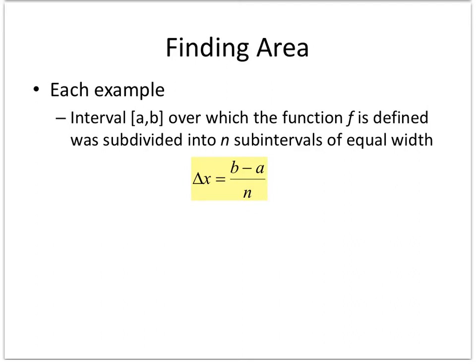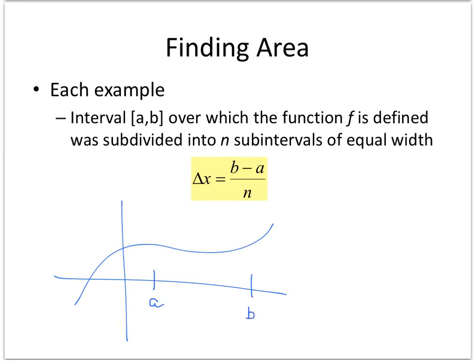All right, so these intervals that you see me setting up here, you can find them by whatever the interval of your function is. So if I have this function, and my interval is from A to B. And once again, what am I trying to do? I'm trying to find this area underneath the curve. Then I can, depending on how many subintervals I want, rectangles, okay?